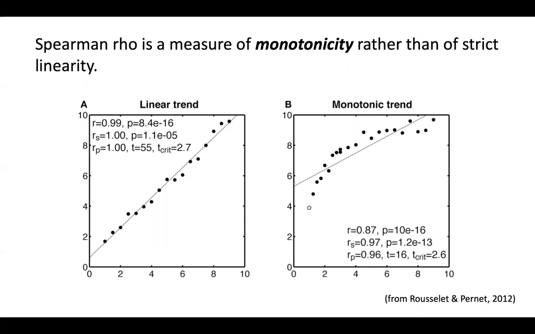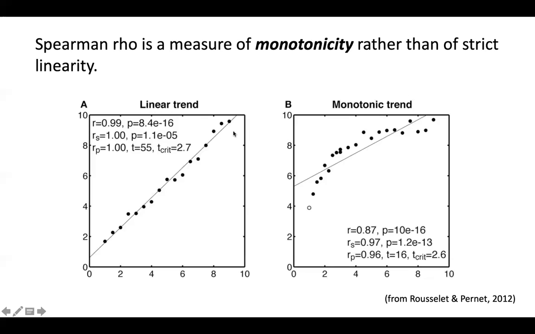So one variable is a linear function of the other variable. We will talk about that in more detail tomorrow when we talk about regression. Spearman's rho, on the other hand, is not a measure of a linear relationship as such, but a measure of a monotonic relationship.